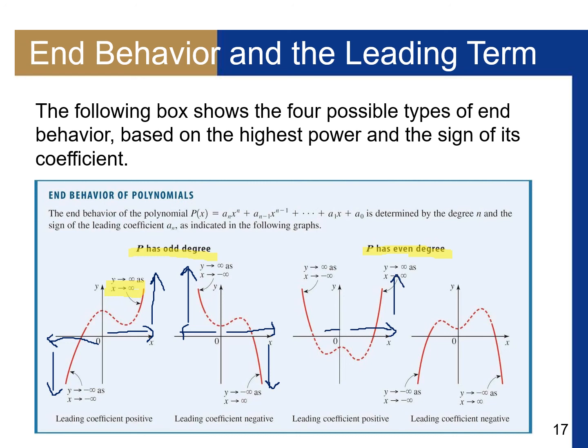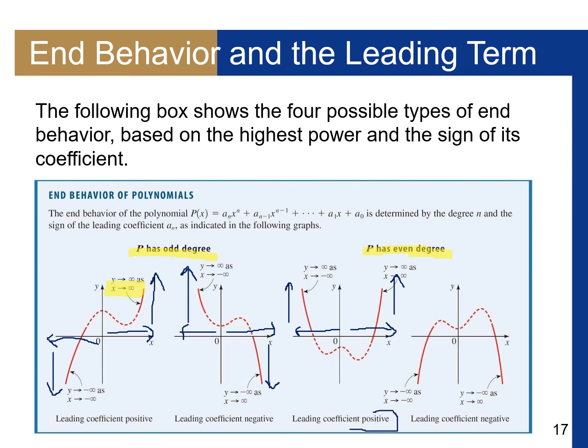And if I have x approaching negative infinity, then I have y approaching positive infinity. So my end behaviors for my y values are the same. They're both going up regardless of whether or not I am going to the left or to the right, positive infinity to negative. Now, that's when my leading coefficient is positive.